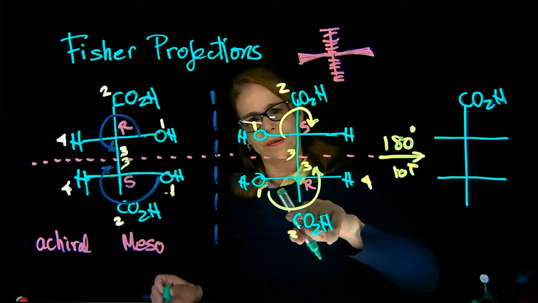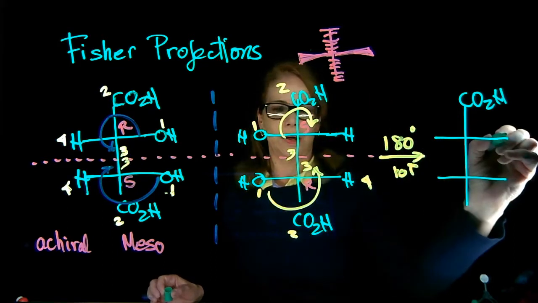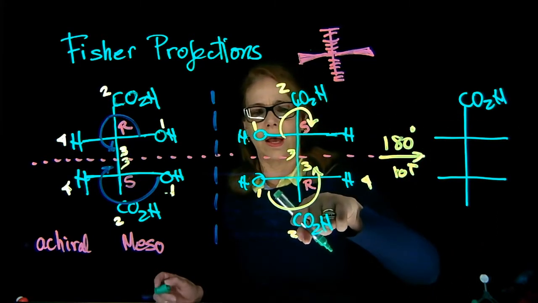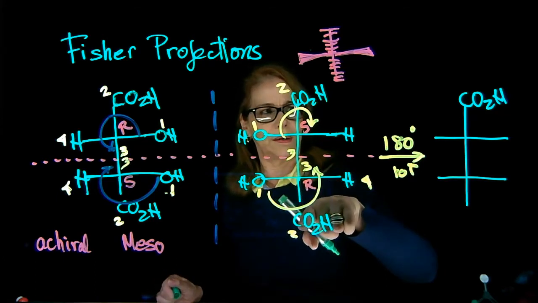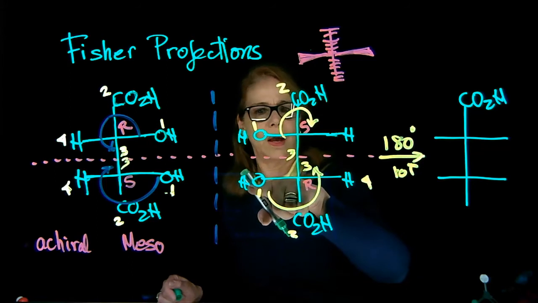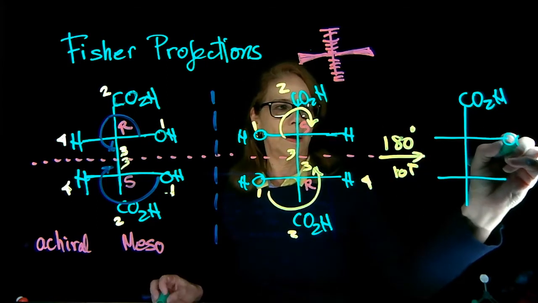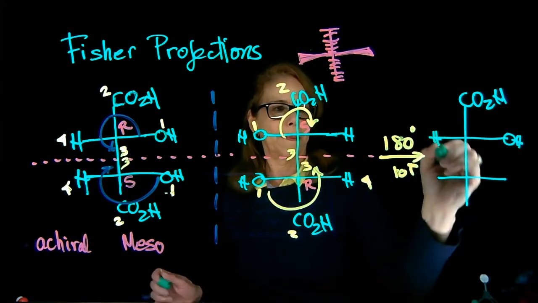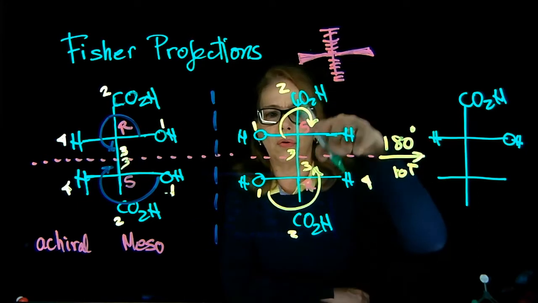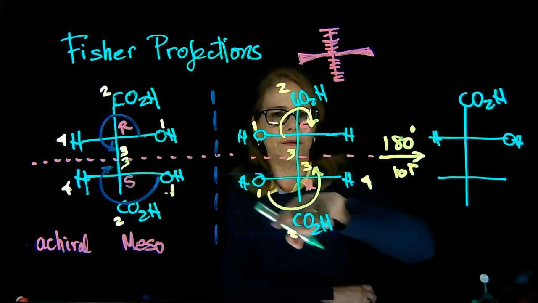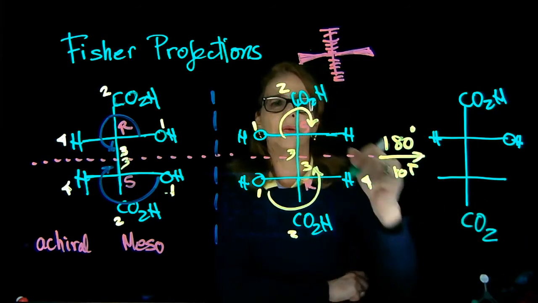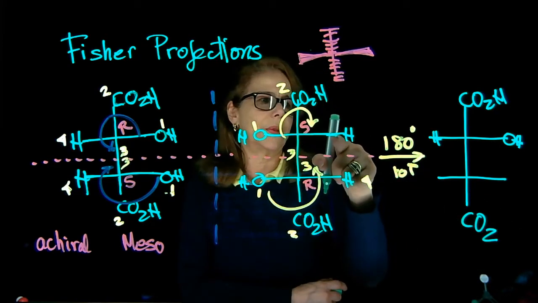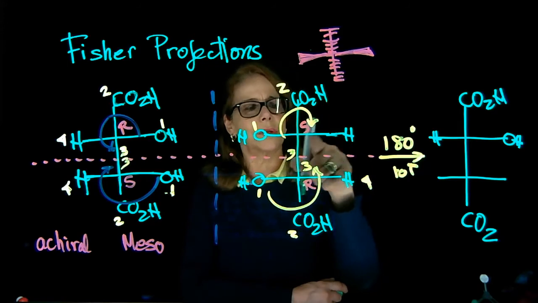But then notice that you will have the OH here. So again, notice that this carbon here has the carboxylic group. Then we'll have OH and H. In doing so, again, 180, this went up, and now this went down. And you had here the hydrogen.